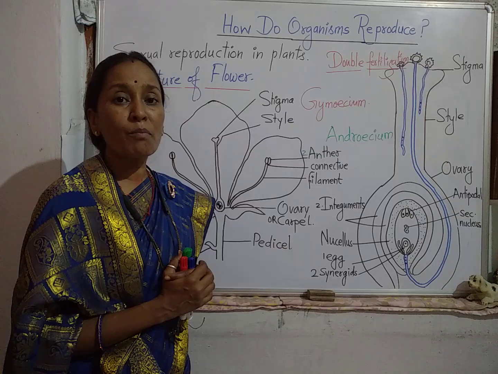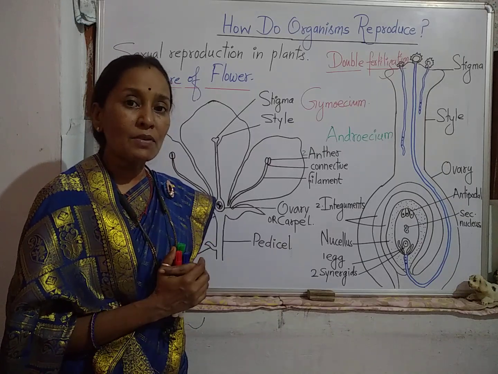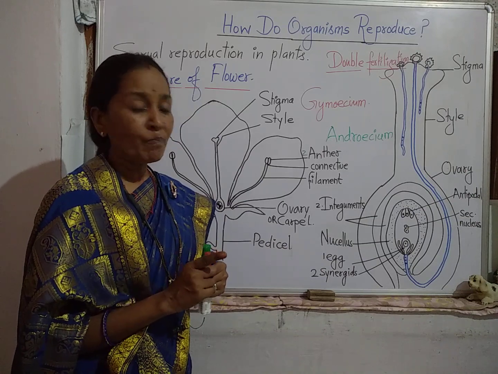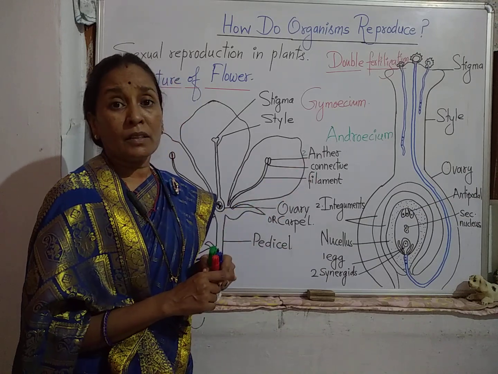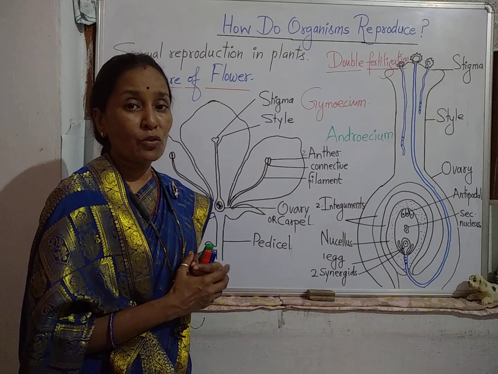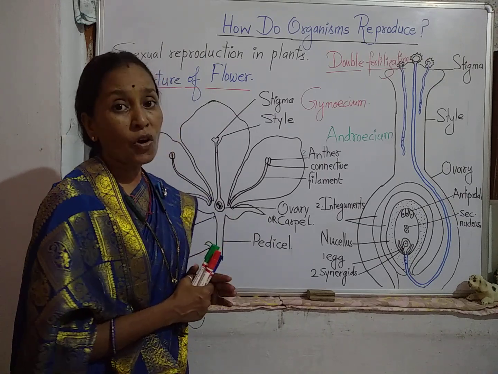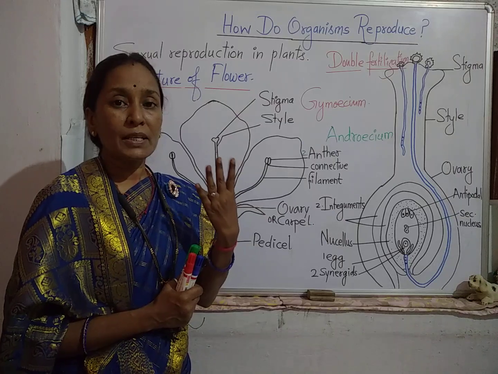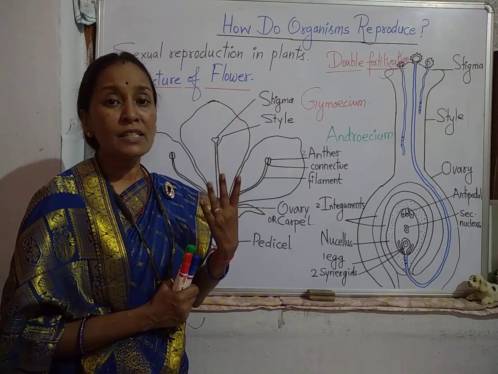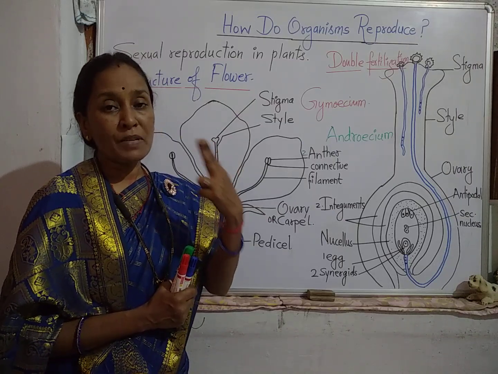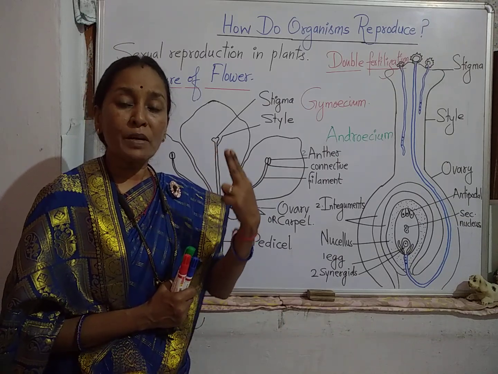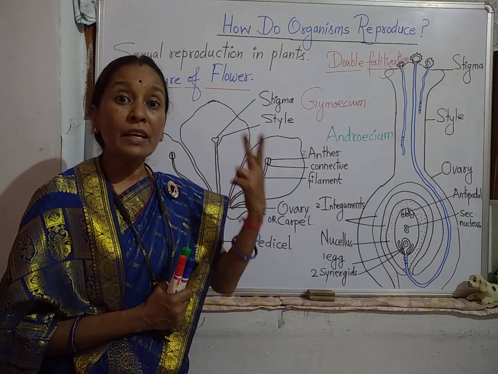Pollen grains are formed by the process of cell division, that is meiosis. When one meiosis occurs in the sporogenous tissue of the microsporangia, there is a formation of 4 pollen grains at a time, and in the pollen grains 2 gametes are present. So how will it be? 4 multiplied by 2, it will be 8.